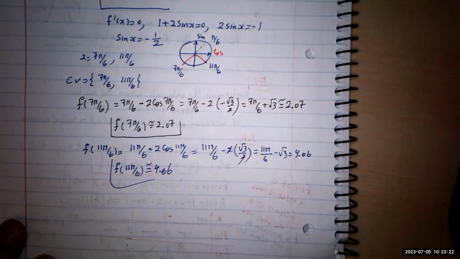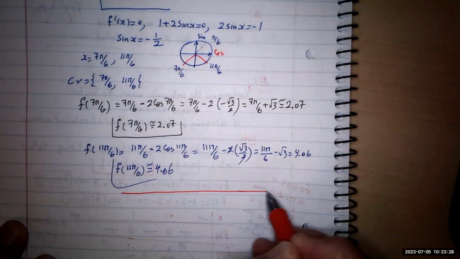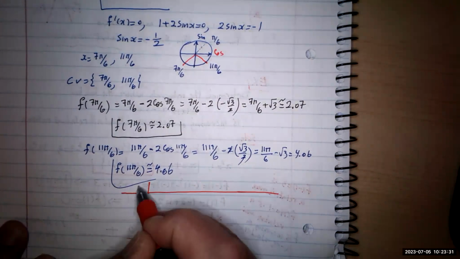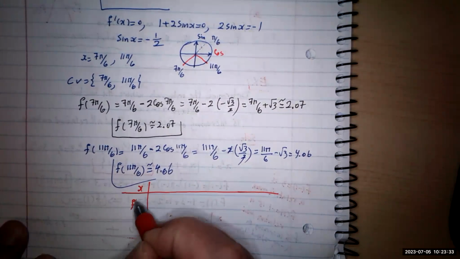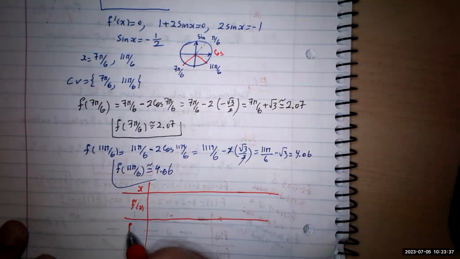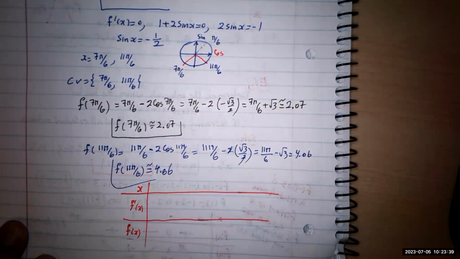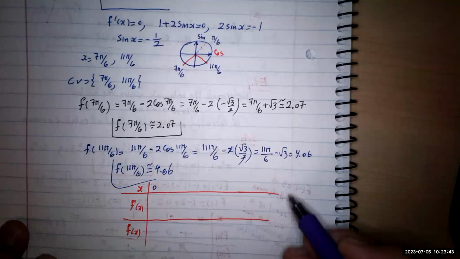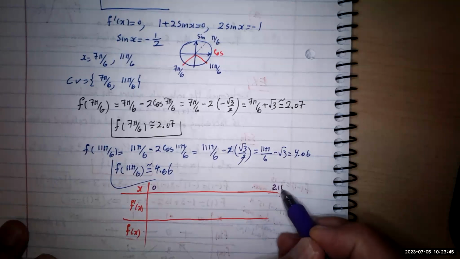Any question? We need the chart to find out which one is going to be the maximum and the minimum. This is going to be your chart: x, f prime of x, and f of x. The domain this time is 0 to 2π.